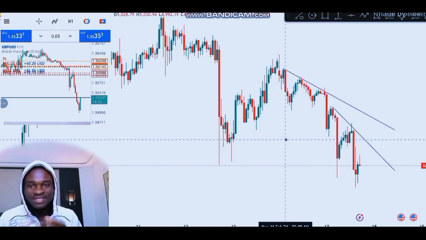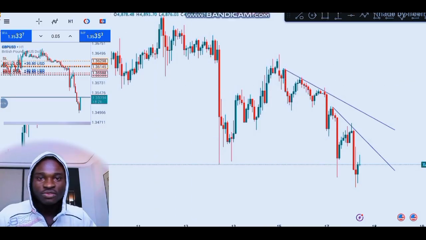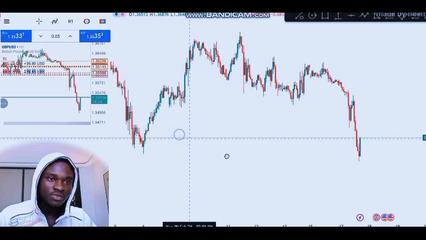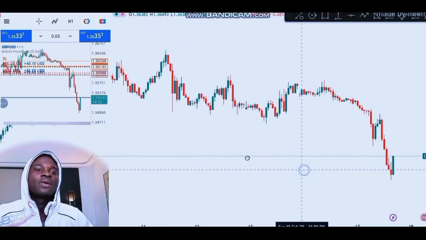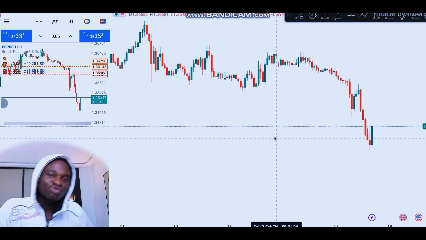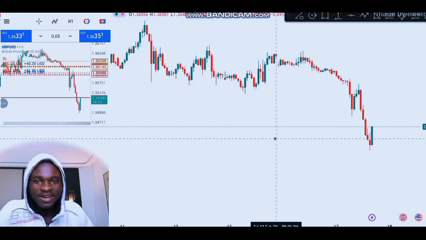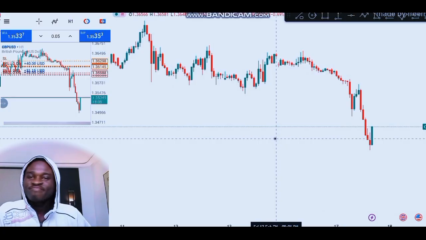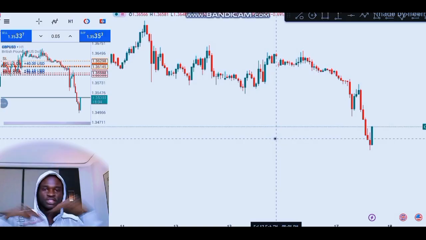For now, over here now, I still have an opportunity to enter. Let me go to GBPUSD chart so that you can also see it here. This GBPUSD chart. Yeah, I have a lot of opportunity to still open another sell position, but for my risk management, I'm not gonna do it because market do change.